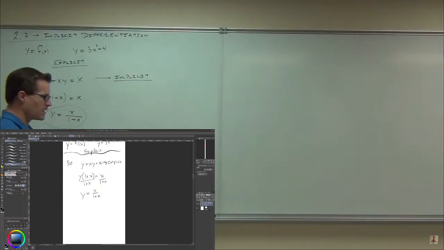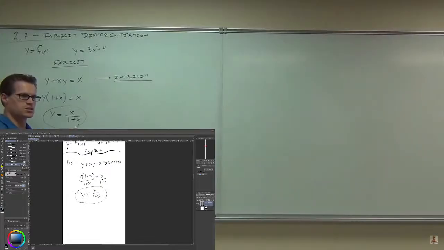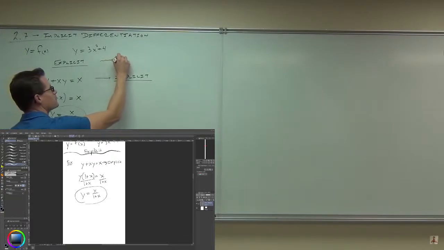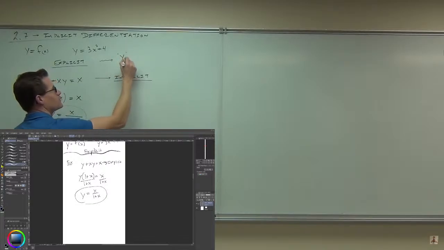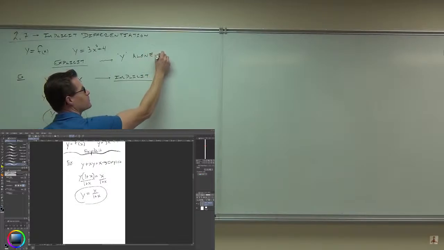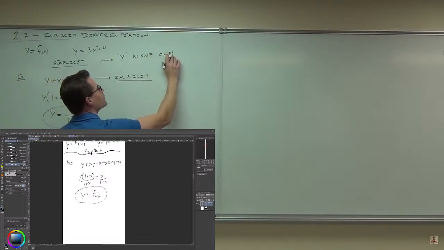So sometimes I can change from implicit to explicit. If the y is alone on one side, that means it's written explicitly.